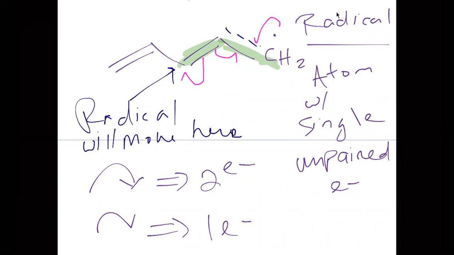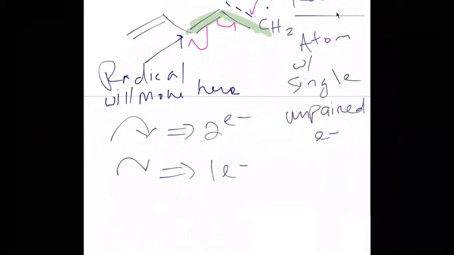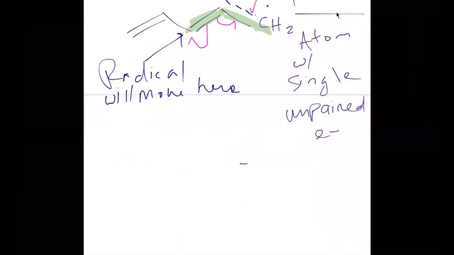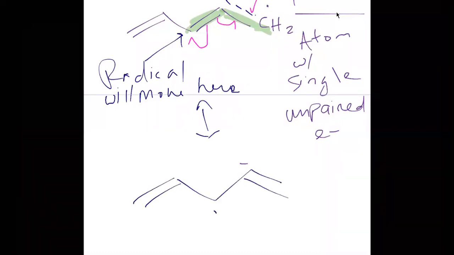So let's see what that would look like. I'm going to erase this down here. All right, so it would look like this. The radical is on this carbon right here. Is that right?